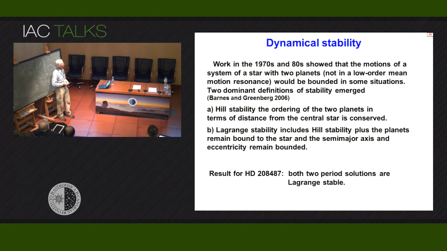And so there's some nice results in a paper by Rory Barnes and Greenberg that basically you can take the output from your MCMC, samples from your MCMC solution, and run it through this Lagrange filter and find out, well, are they stable? Are they Lagrange stable? And so it turns out that when I did that, both of the 2 period planet solutions are stable in this analysis.